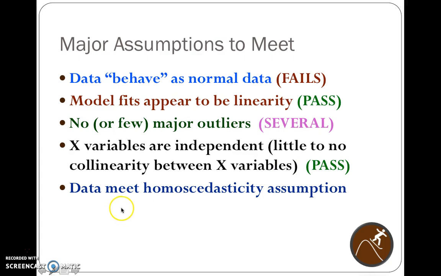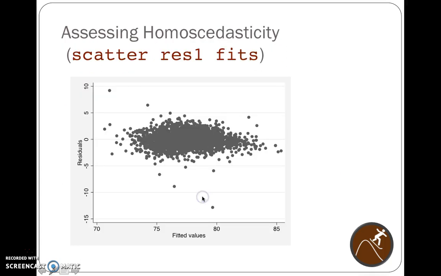The last one, do our data meet the homoscedasticity assumption? Hard word to say. So what we do for that is we scatter plot the residuals versus the model fits. We look at this and we look to see, is there more variation here or more variation here? Is there any particular pattern?